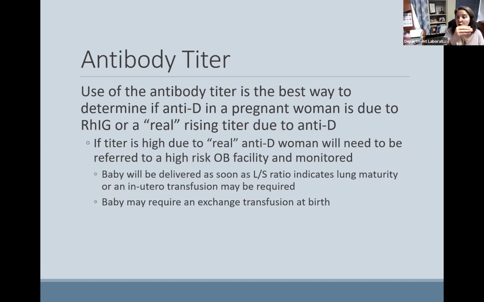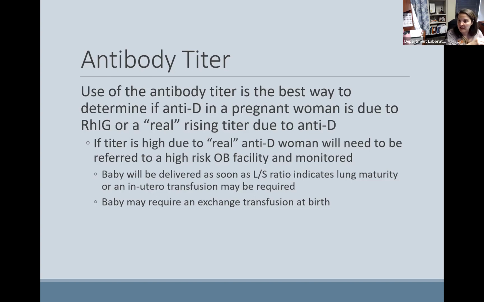It will continue to rise. In a RhoGAM scenario, that titer is usually very low, about 1 to 8, 1 to 16. However, when we repeat that titer 3 or 4 weeks later, it is going down, right? So that's one way we can differentiate anti-D due to RhoGAM versus true anti-D.